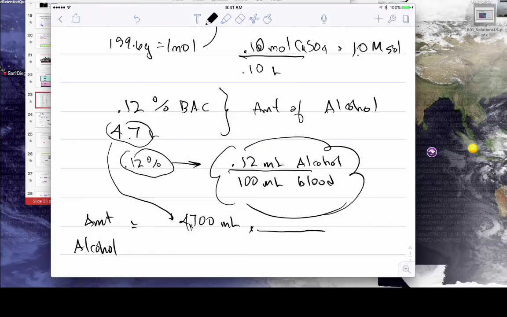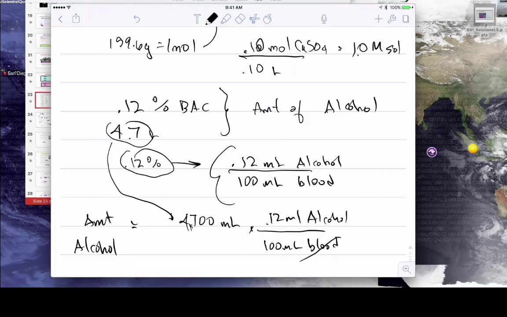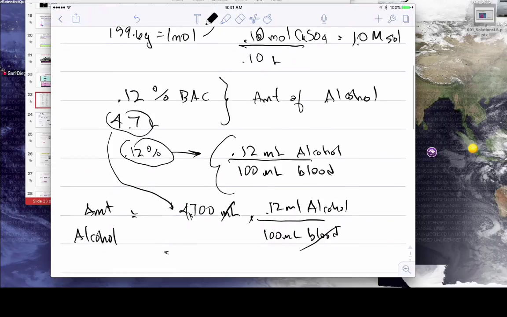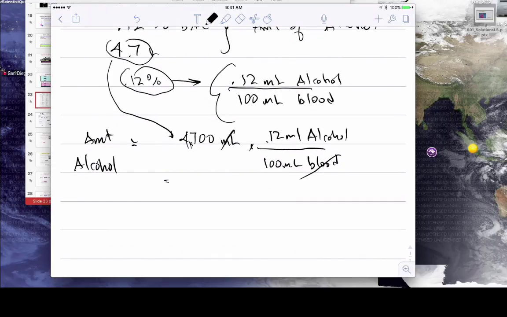We now take this conversion factor right here, and we say that we have 100 milliliters of blood and we have 0.12 milliliters of alcohol. You can see that the milliliters of blood will cancel, and what we have here is the milliliters of alcohol that this person has. So let's take a look at the calculation.